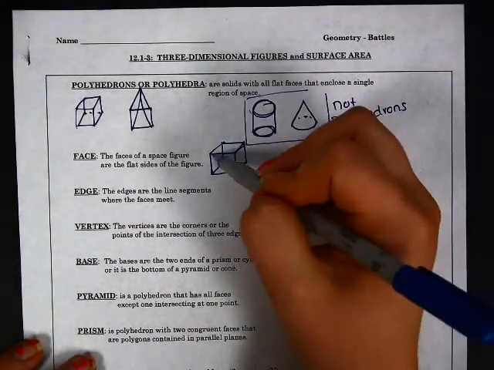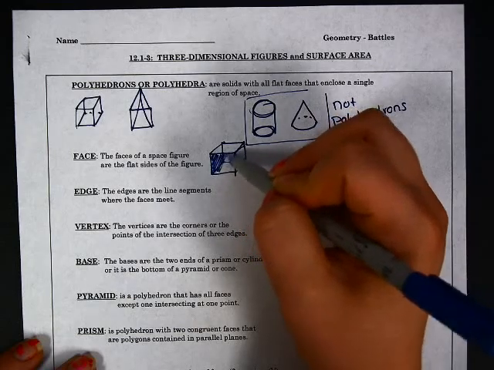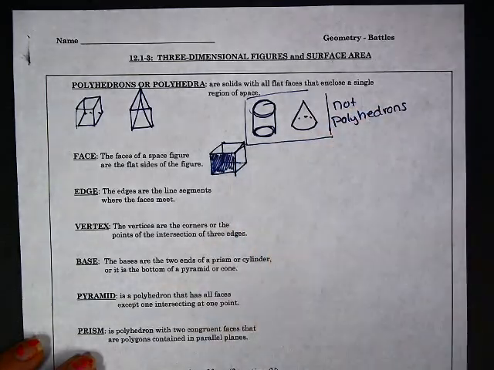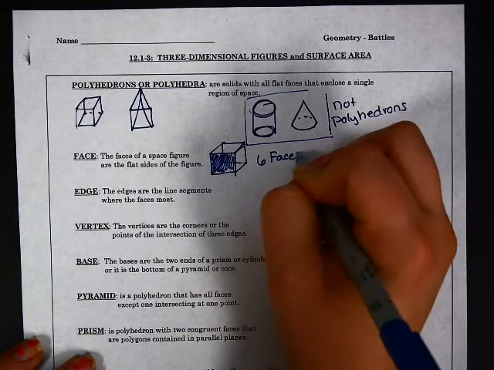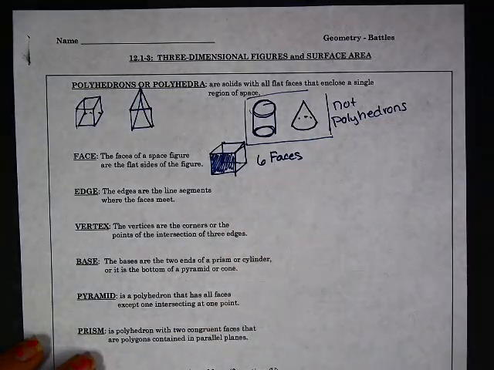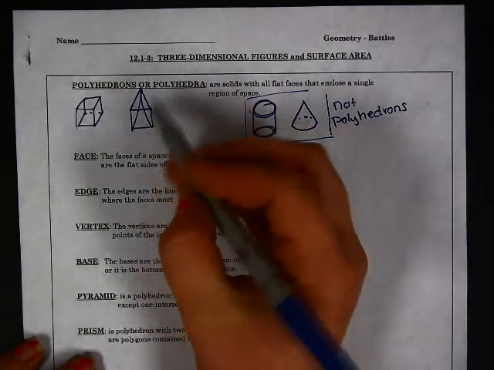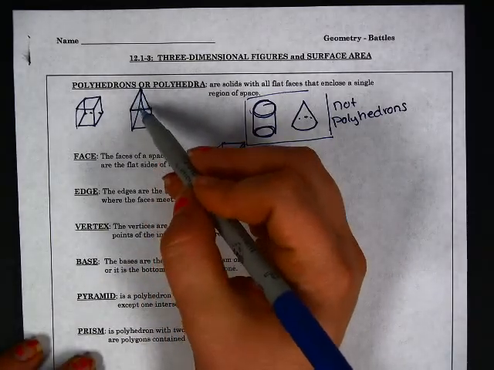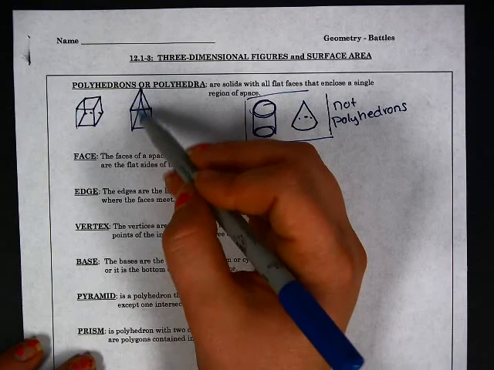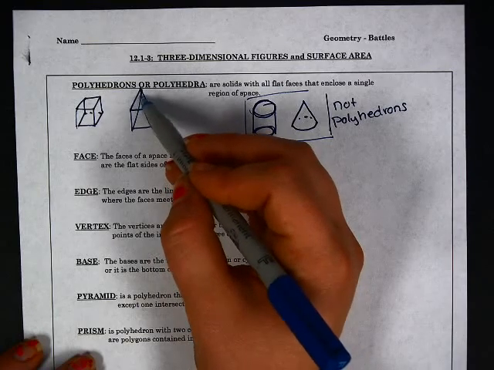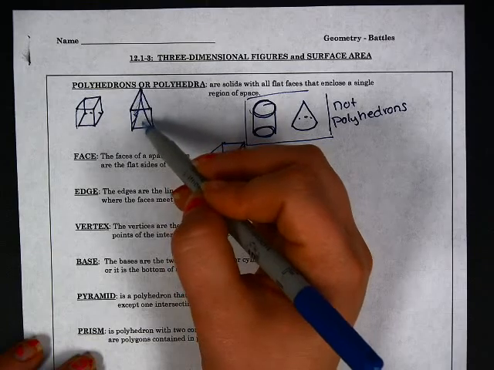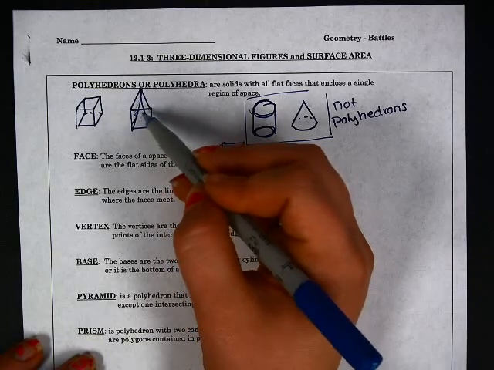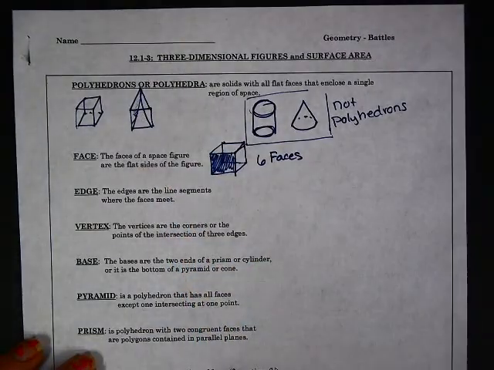So a face would be this right here. In a cube, we have 6 faces. For my triangular prism, this right here would be a face, this right here, and another face would be the base that is a square. That could be a face as well.